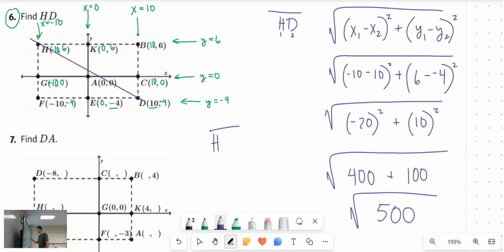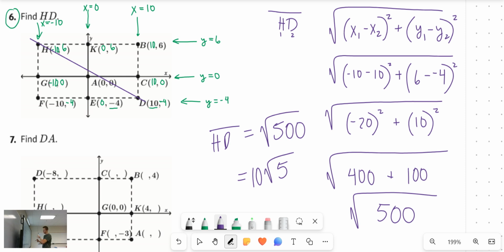So HD equals the square root of 500, which if you wanted to simplify all the way down, we could say is 10 root 5. That's seeing that there's a perfect square inside the 500.